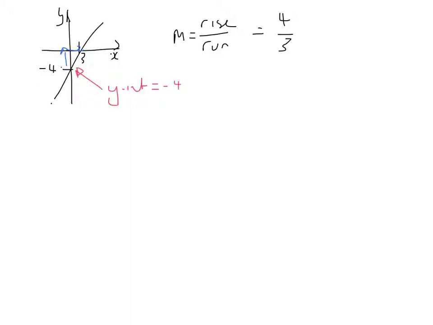So our equation, y equals mx plus c. We know everything we need to know pretty much. So y will equal, the gradient is 4/3 of x, and our y-intercept is -4. So that's our equation.